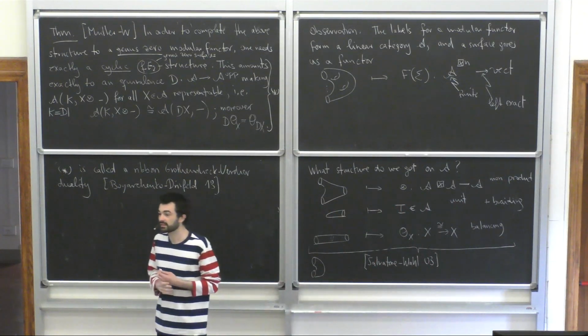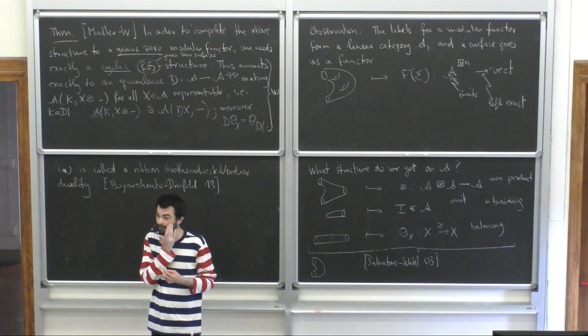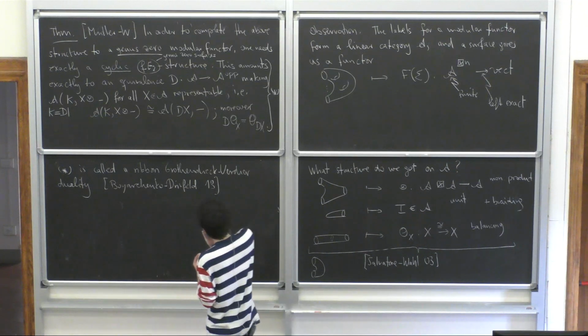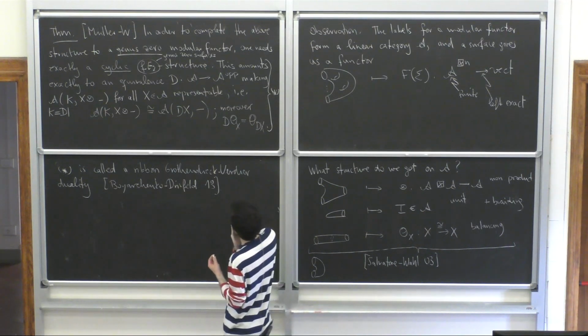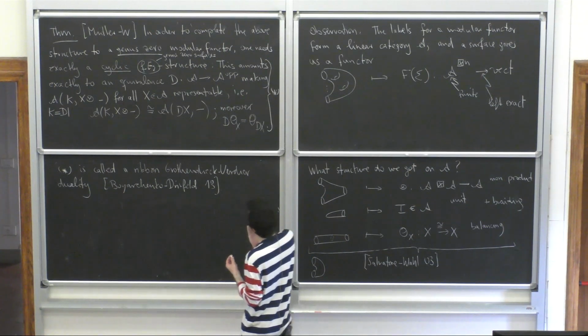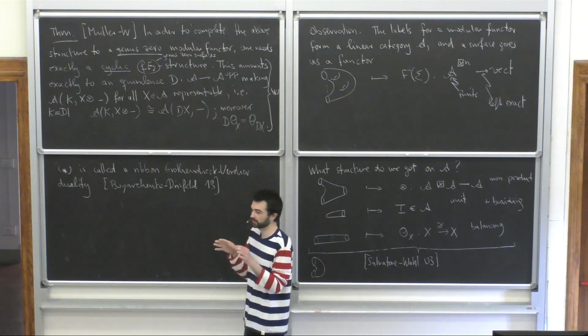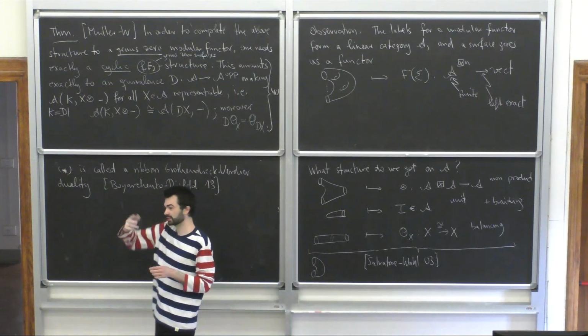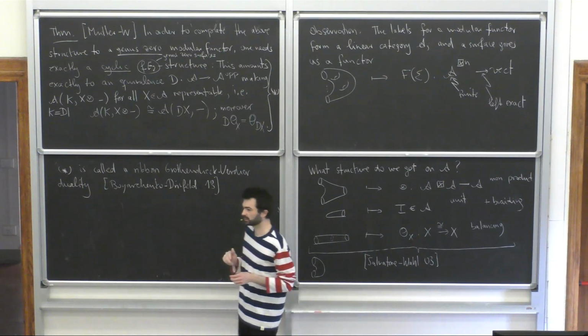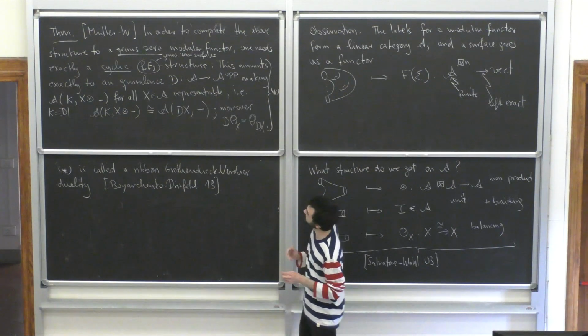And the D has no compatibility condition with the monoidal structure or anything? It does not. One thing that, for instance, you don't have is that the dual of a monoidal product is the opposite product of the duals. You don't have that.